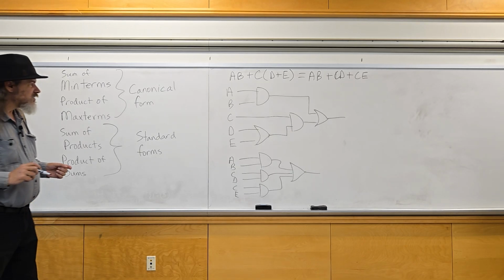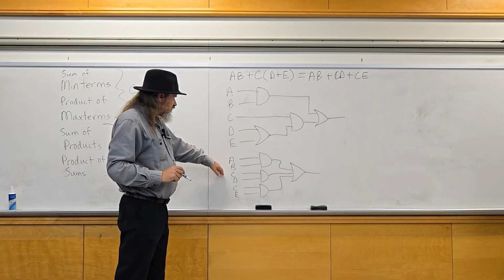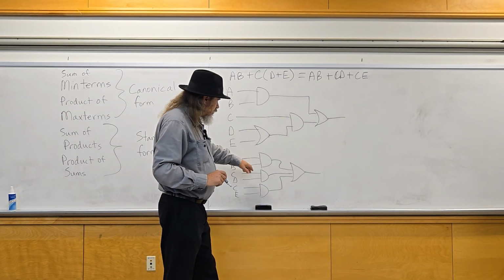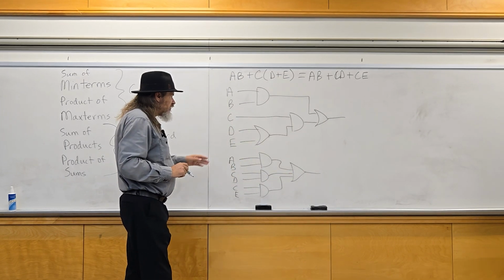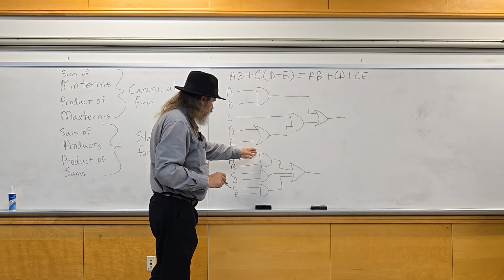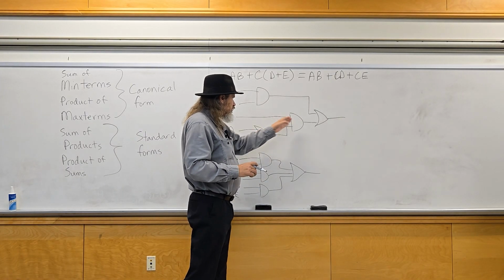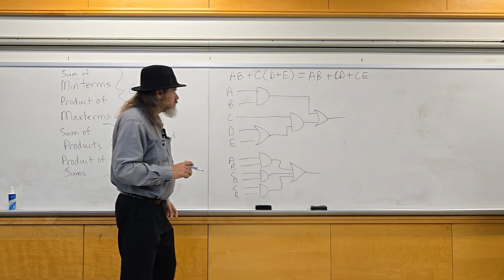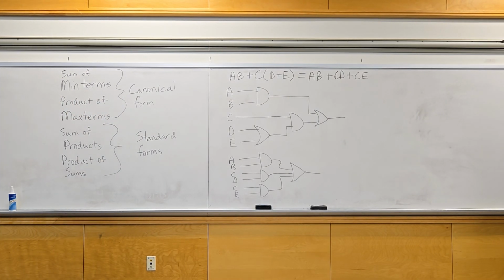But this form will perform its operation faster because of the difference between having two-level here and a three-level here. So you want to strive for as few levels as possible.